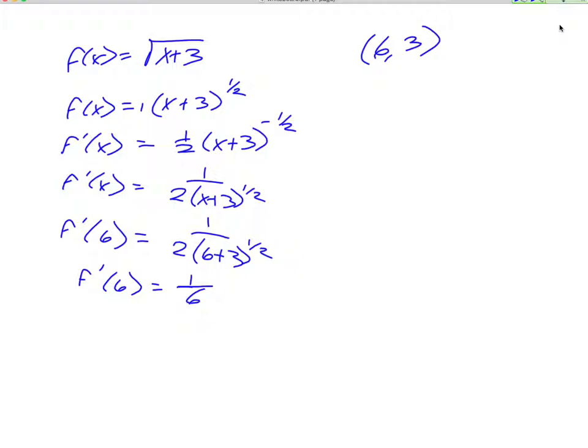Alright, so if I have a slope and a point, what form am I going to put it in? I'm going to put it in point slope form. What is point slope form of any line?